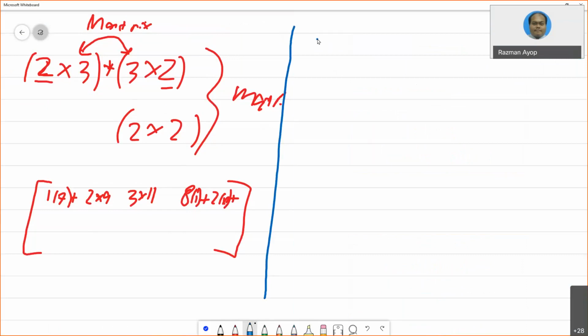I give you example: 1, 2, 3, 4 multiplied by 4, 5, 4, 6, 9, 10. In normal metric, you have to multiply this with this one, 1 to 4, 2 to 9, you add together, you get 1 point. That is the normal metric.